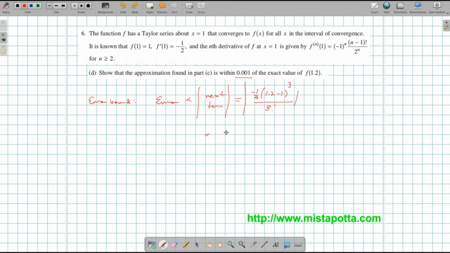So for us, that's going to be 1/24 of 0.2 cubed. So it's really going to be 0.008, that's 0.2 cubed, over 24. And 8 goes into 24 3 times. So this is really 0.001 over 3, or 0.0003 repeating, which we agree is all less than 0.001.